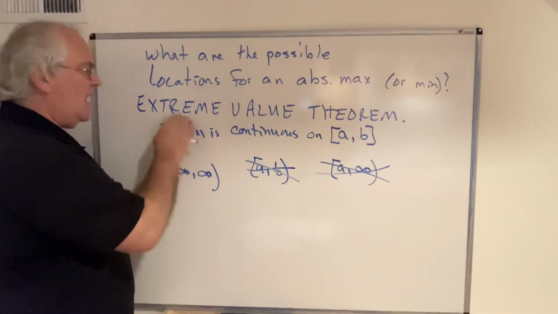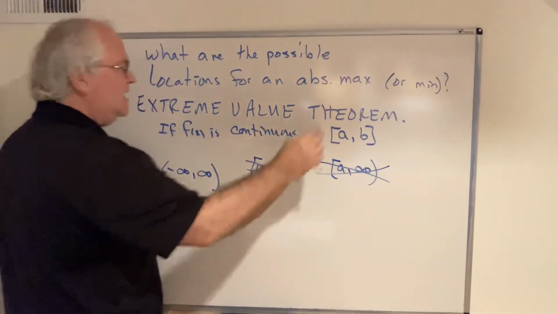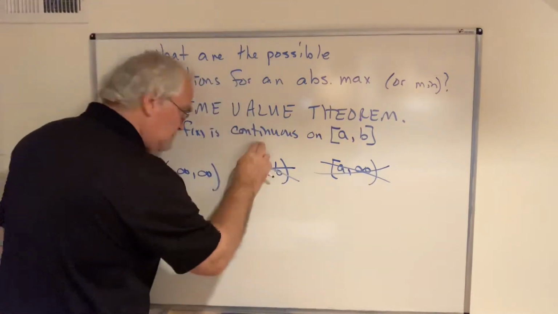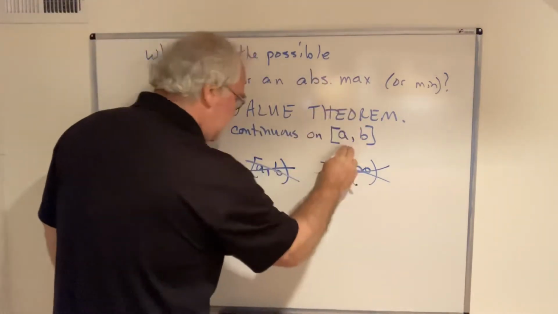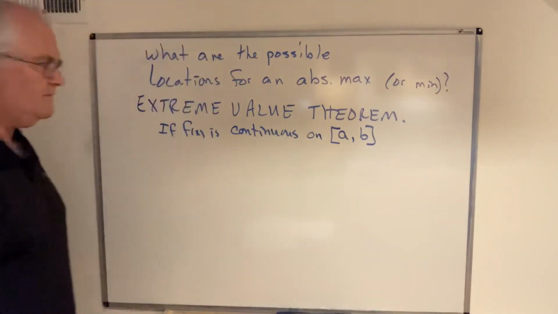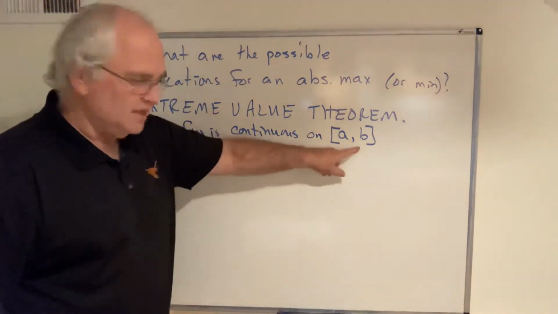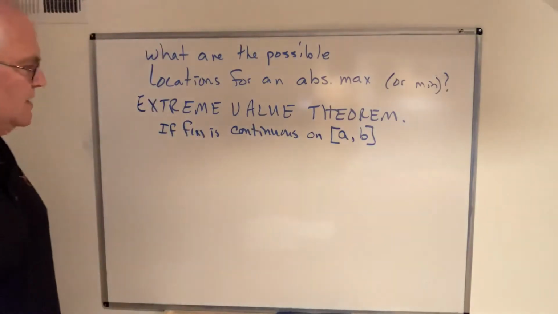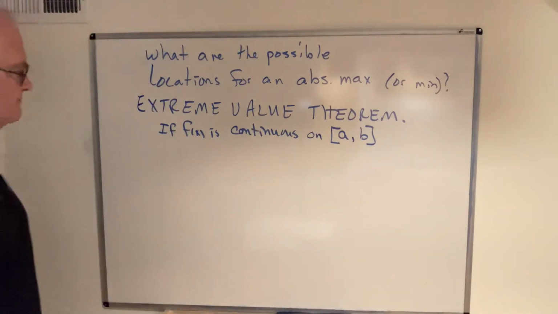The only time this theorem applies is if we're talking about a continuous function and it must be on a closed interval of finite length, in this case, non-zero finite length for our purposes.